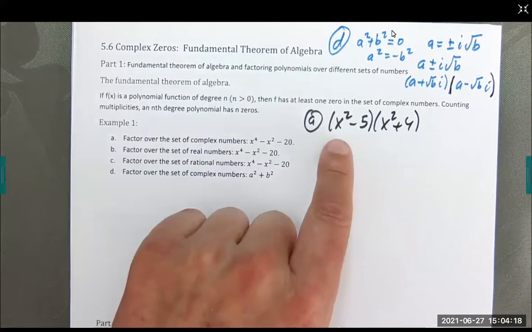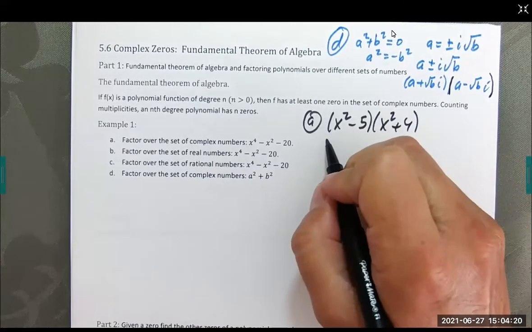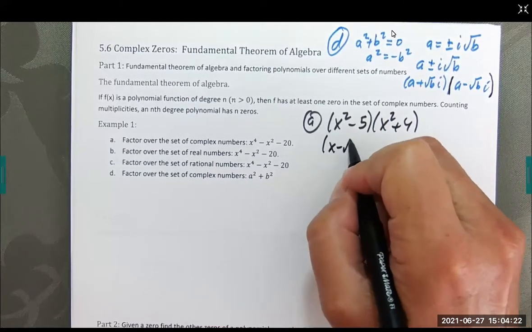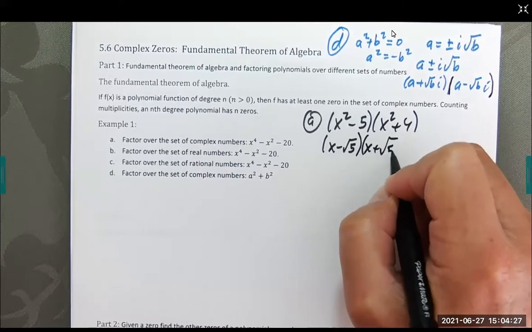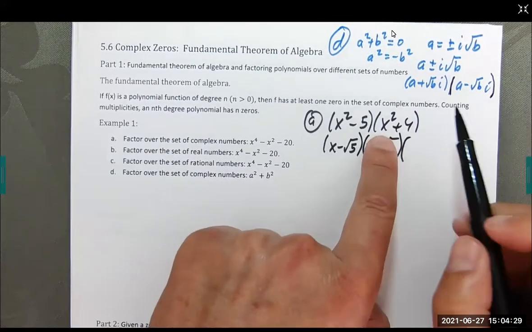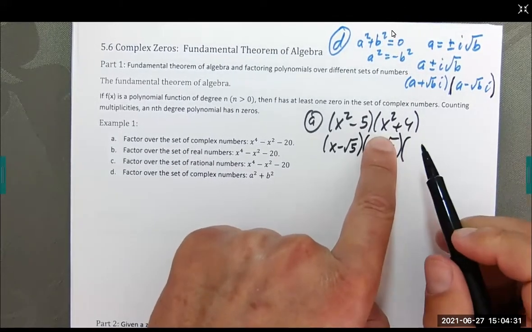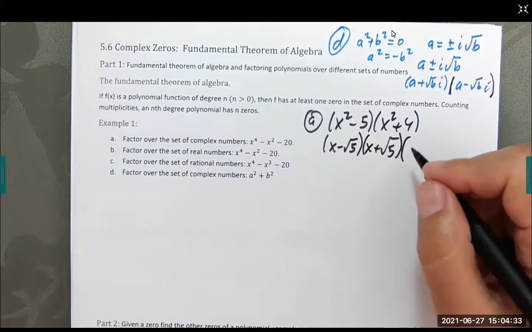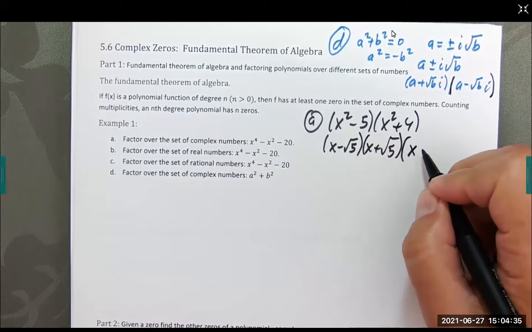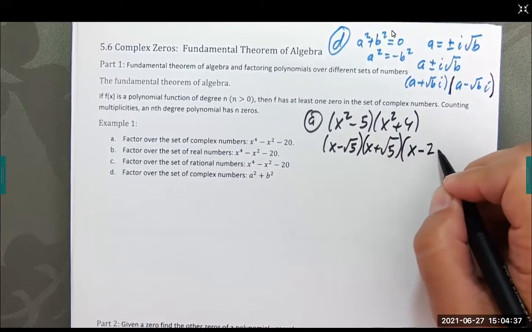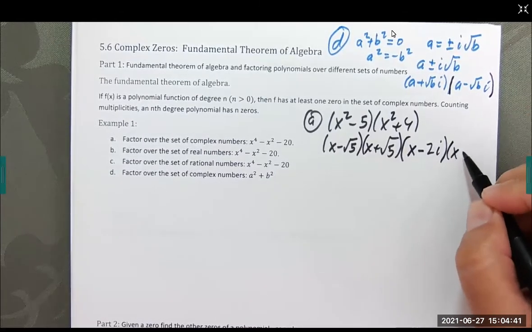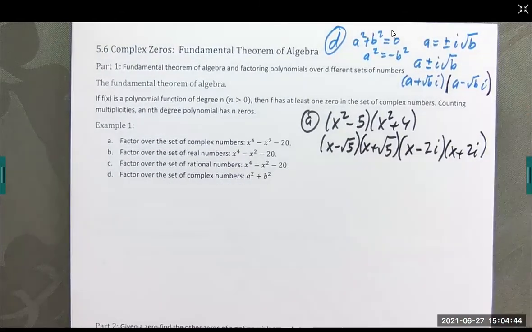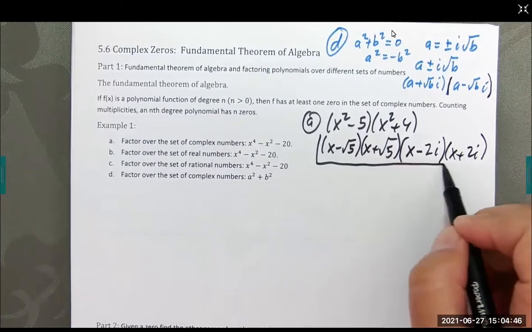Now we can keep going with this. x minus root 5, difference of squares, x plus root 5. And this one is going to follow this pattern here, a being the x, b being the 4. So this is going to be x minus 2i, square root of b, then x plus 2i. So there it is factored over the complex plane.